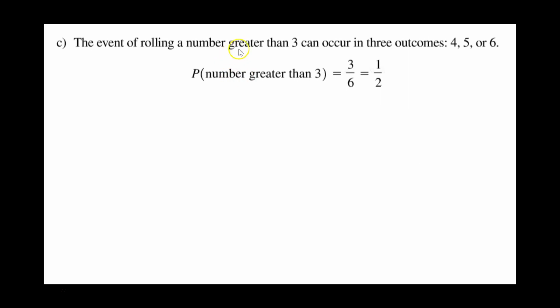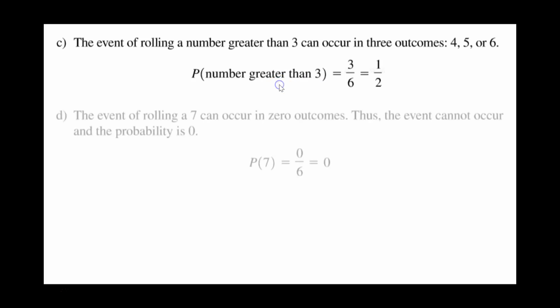What is the probability of us rolling a number greater than 3? So look on the die again. What are all the numbers greater than 3? 4, 5, and 6. So once again, there is a 1/2 possibility, a 3 out of 6 chance that when you roll it, you'll get a number greater than 3. So what is the probability of us rolling a 7? Well, the die only goes up to 6.